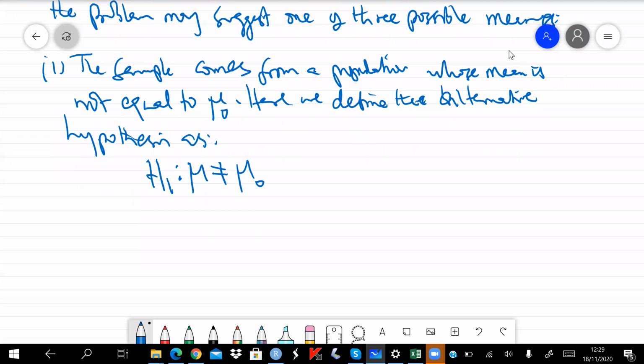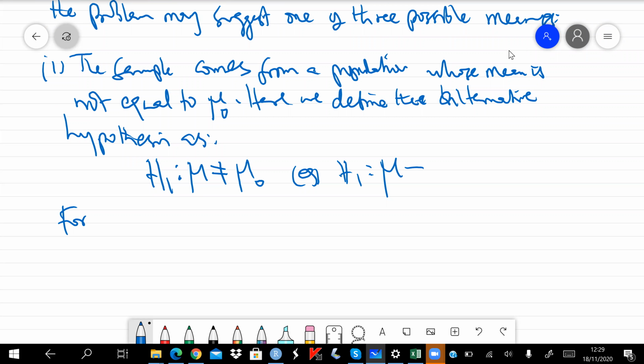For instance, in my earlier example, I can say that H1, mu is different from 21.